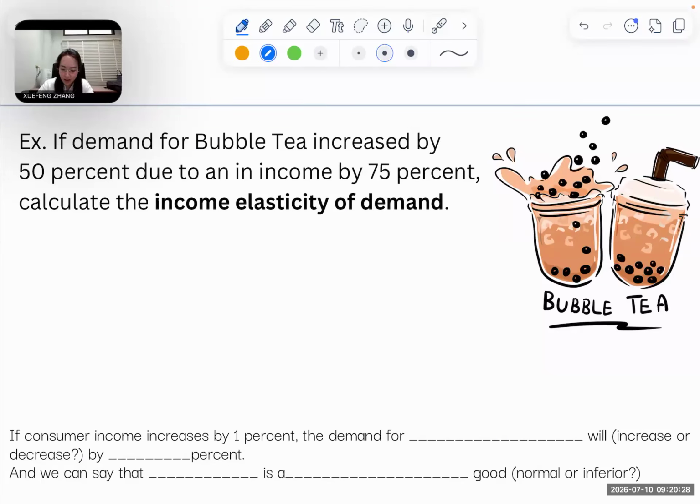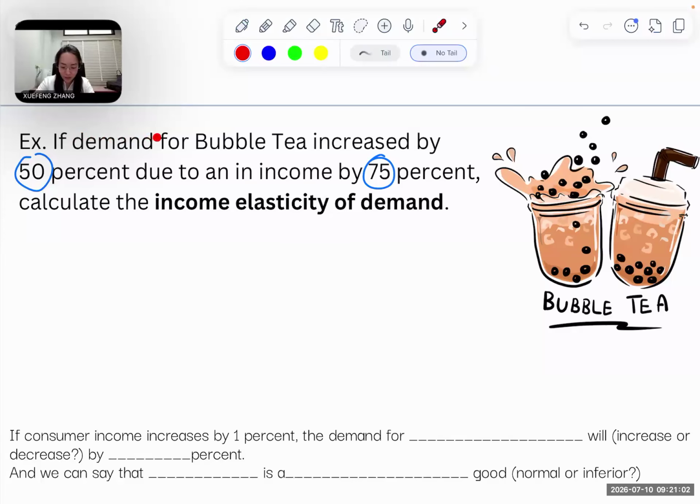Okay, so let's see the question. If demand for bubble tea increased by 50% due to an increase in income by 75%, okay, calculate the income elasticity of demand. I think I need to modify here, because actually it's not that clear.